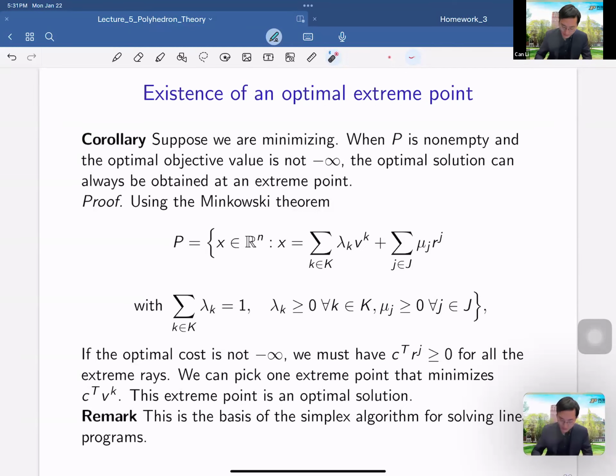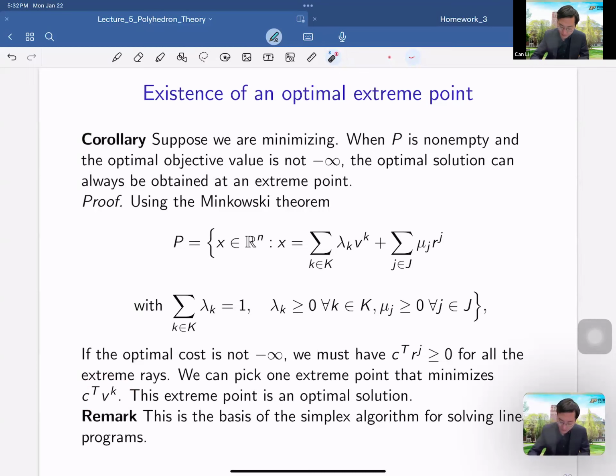So with that being non-negative, then at the optimal solution, since we are minimizing, all the mu_j's must be 0, because this term is non-negative. We can just set the mu_j to 0. And then we can always pick one extreme point that minimizes c transpose v_k.